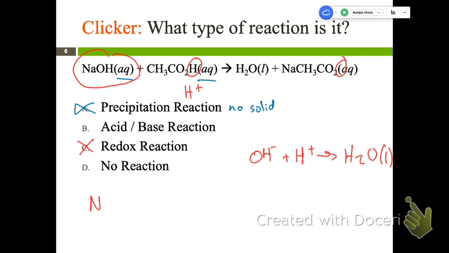Another example, let me see if I have it here. Yeah, let's do this.